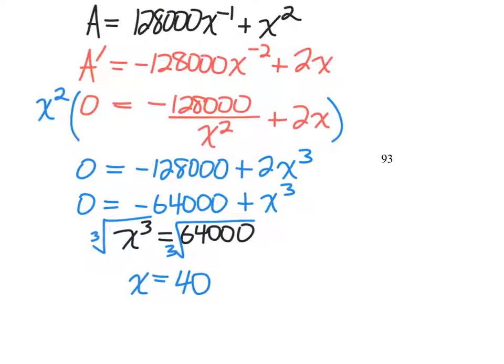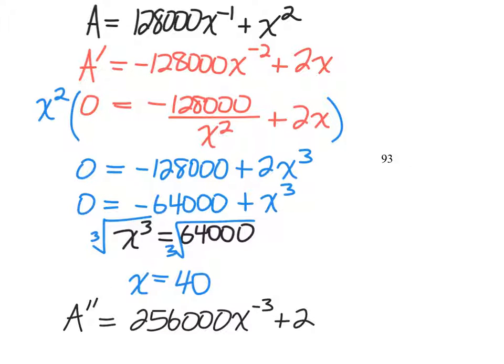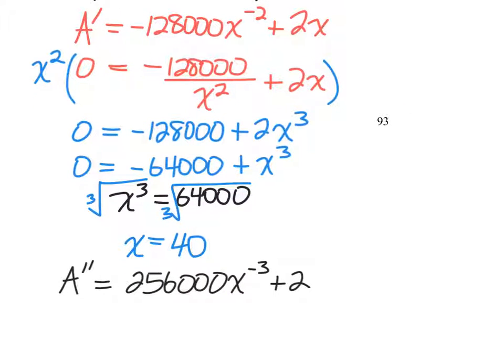So again, in lieu of doing a sign chart, just take the second derivative, which is going to be 256,000 x to the negative third plus 2, and evaluate it for the critical value. That's my critical value, A double prime of 40.